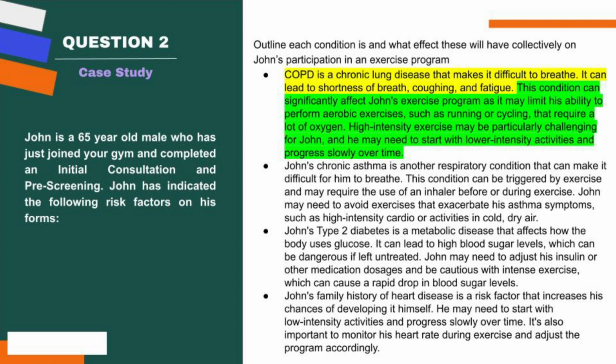exacerbating his breathing difficulties. His second risk factor is his chronic asthma. This causes inflammation in the airways, the windpipe, if you will, or the bronchioles that lead into the lungs. So if he's breathing, he's often somewhat wheezy. He might have a very constant cough, or even just difficulty breathing full stop.